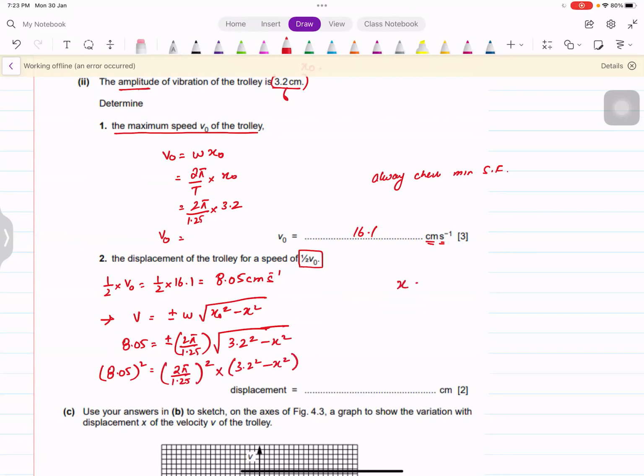Can you please find x? So is it 2.8? It's 2.8.